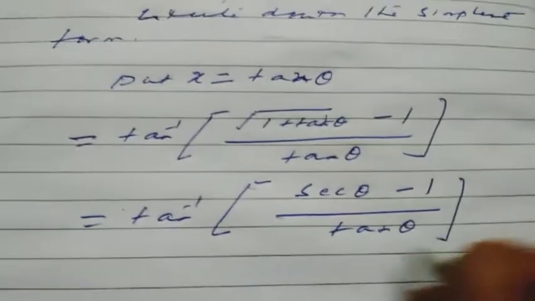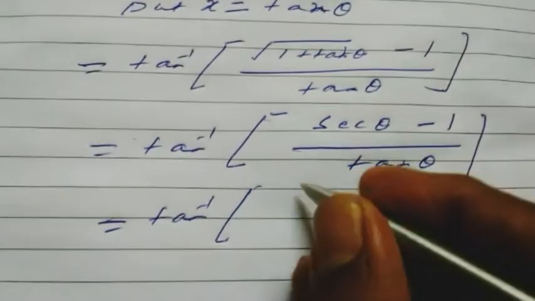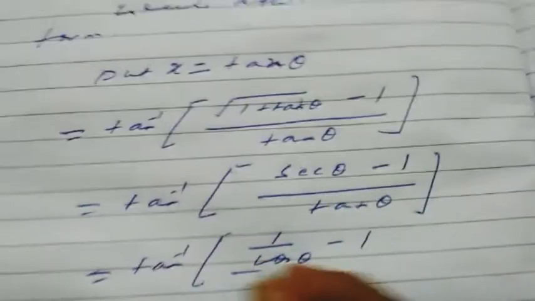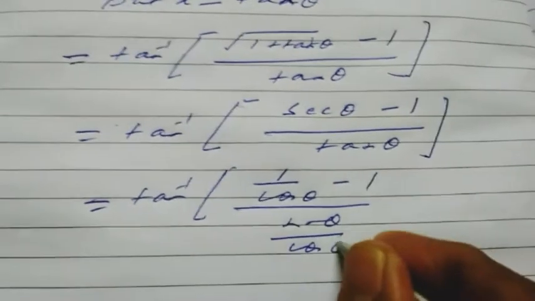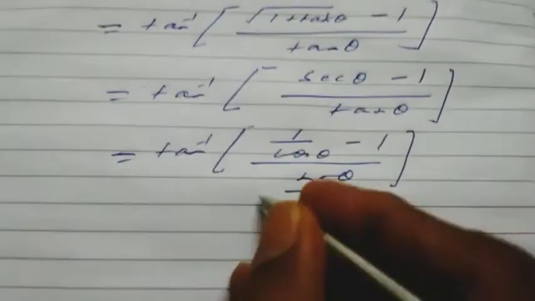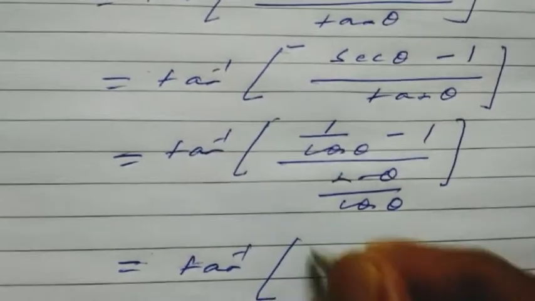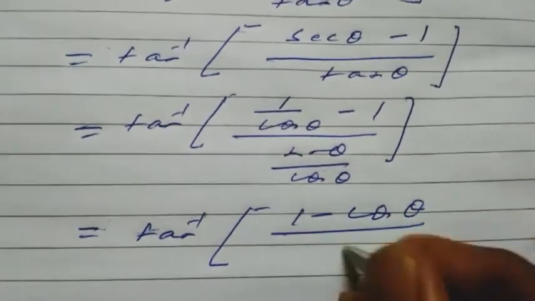In terms of sine and cos, we will change the brackets, and it will be 1 by cos theta minus 1 upon sine theta by cos theta. And overall, when we solve it inside the bracket, this will be tan inverse of 1 minus cos theta upon sine theta.